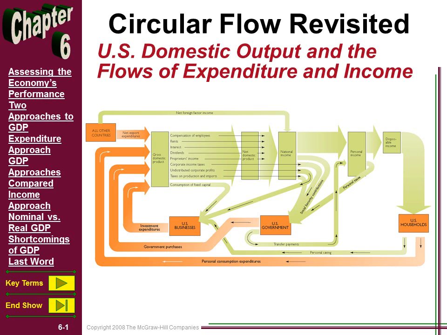So notice the other side of the rectangle is the same amount, right? Compensation to employees, rents, interest, dividends, proprietors' income, corporate income taxes, undistributed corporate profits, taxes on production, and consumption of fixed capital. So we said we can also add up all the income generated from producing those goods and services, with some statistical adjustments. It comes out to the same number as GDP.